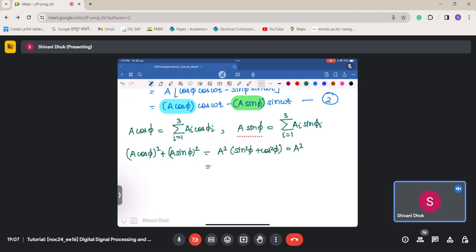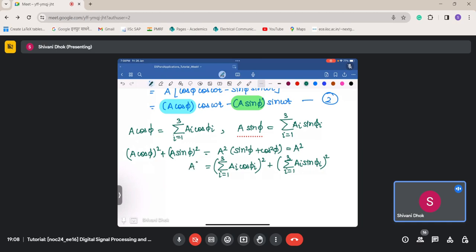And if we substitute these two values, this will be equal to summation i equal to 1 to 3 of Ai cos phi i whole square plus summation i equal to 1 to 3 of Ai sin phi i whole square.